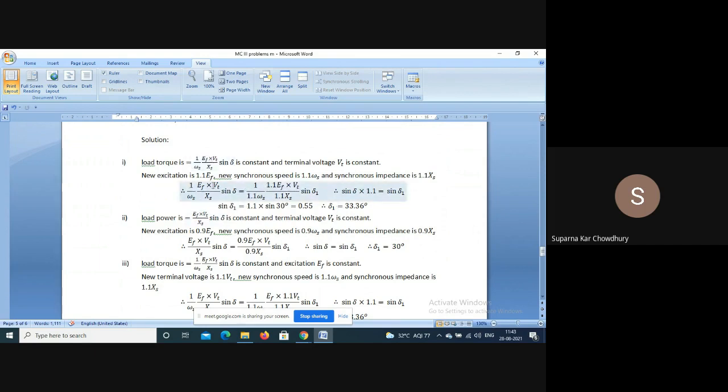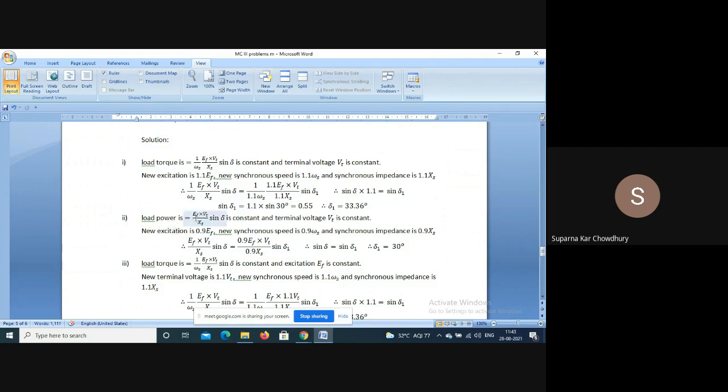So your expression, 1 by omega s EF Vt by Xs sine delta, is equal to 1 by 1.1 omega s into 1.1 EF into Vt by 1.1 Xs sine delta 1. So your sine delta 1 is sine delta into 1.1. So solving, we get new value of delta is 33.36.